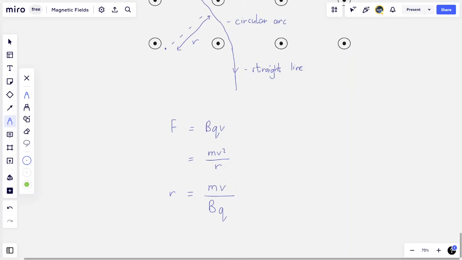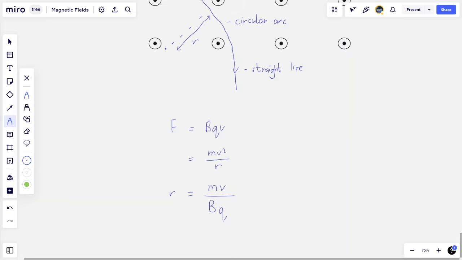Now, what I know is that the mass to charge ratio, m over q, is unique for all charged particles. Every single charged particle, whether it's an ion or a proton or electron, has a unique value of m over q.